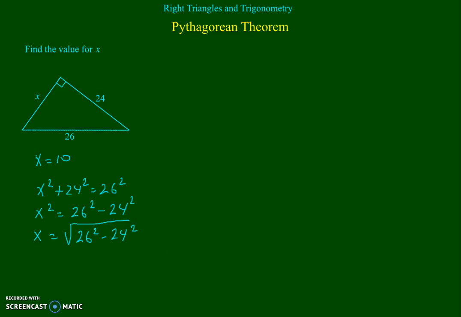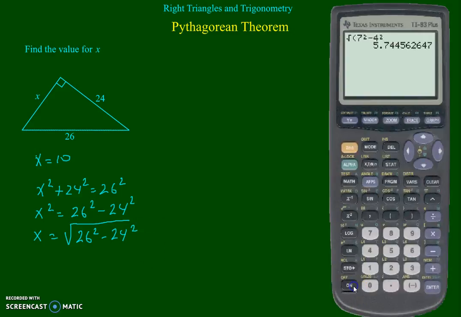Let's grab our calculator, and we have the square root of 26 squared minus 24 squared, which gives us 10, and verified that is in fact the case. So now let's move on to another topic.